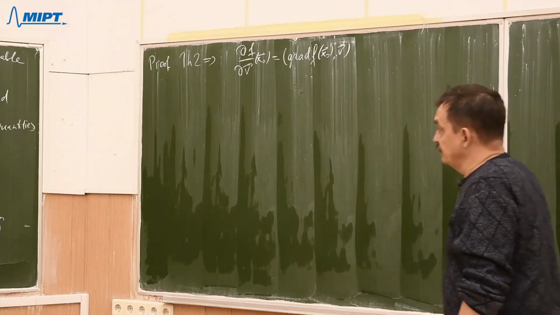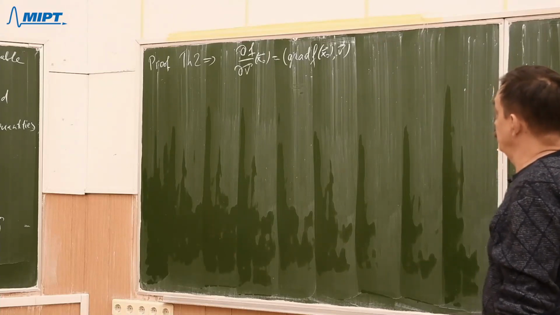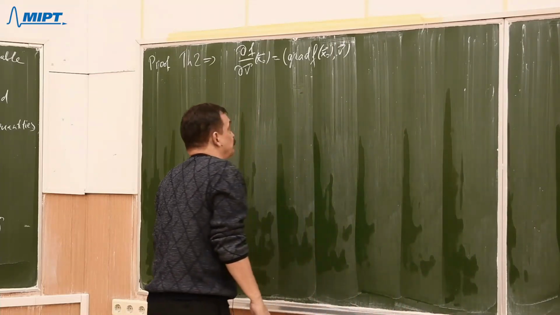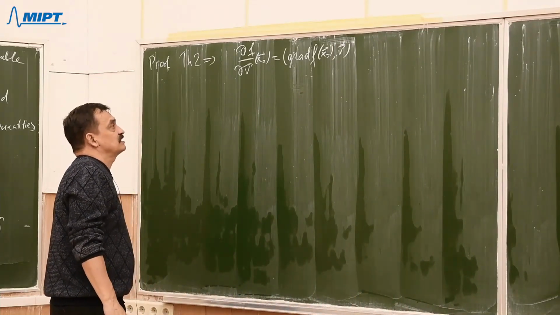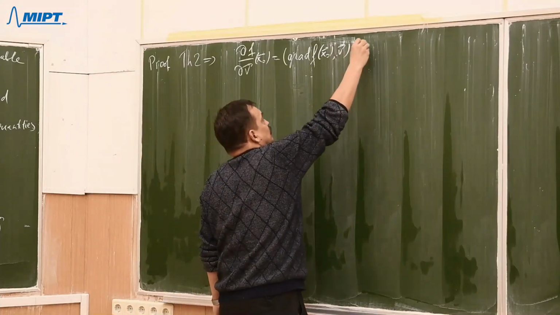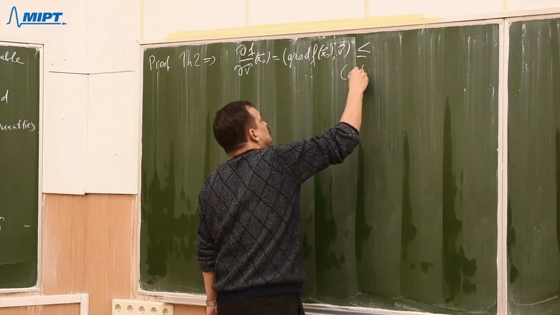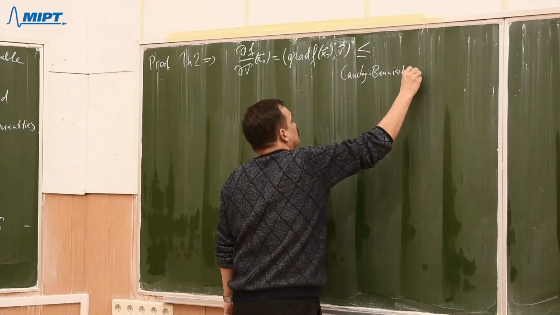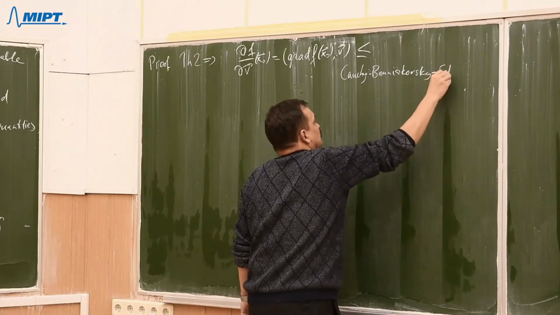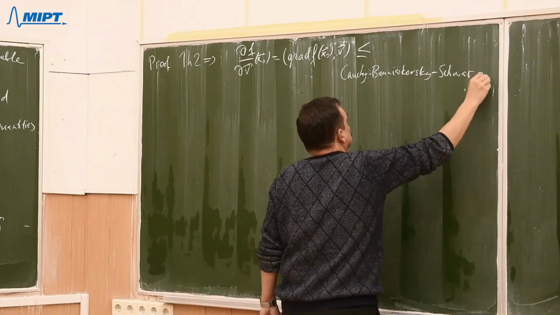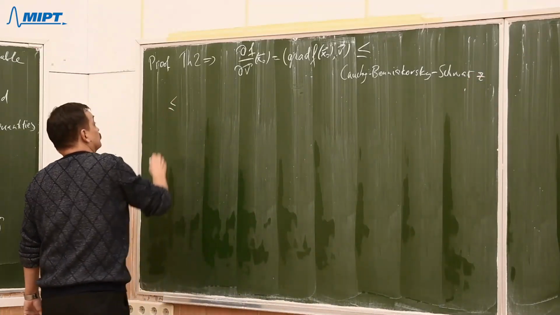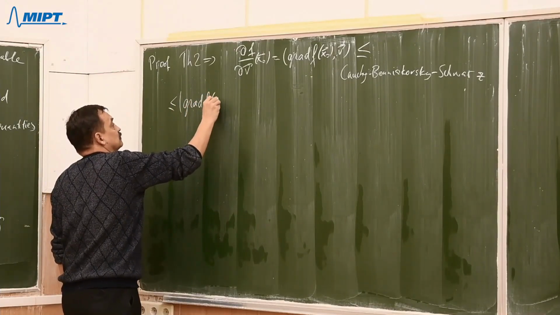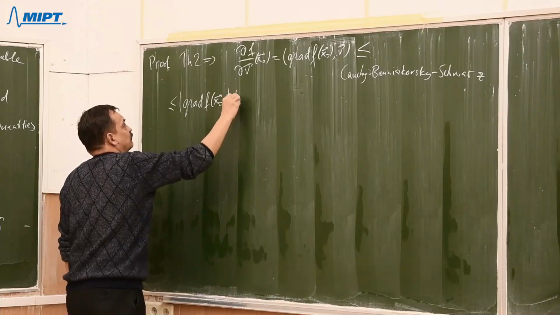We know that the scalar product can be estimated by the Cauchy-Bunyakovsky-Schwarz inequality, like length of gradient times length of v.